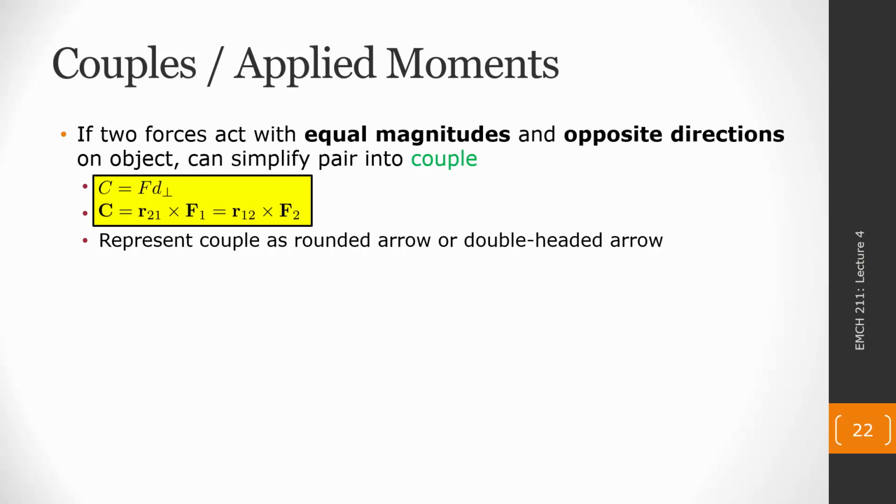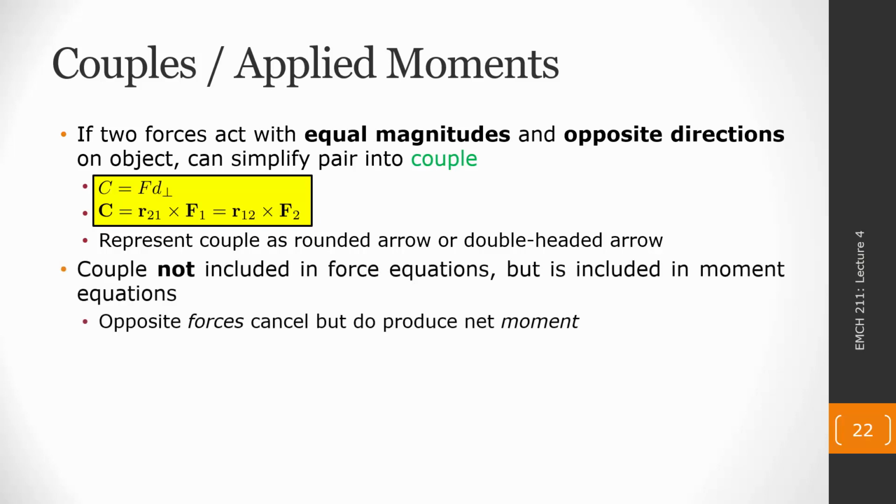So what we're doing when we reduce our system, we are getting rid of the pair of forces and replacing it with the couple, which is really the net effect they're having on our object, that net rotation. So it also is going to simplify the equations that we write. When we reduce the system to just a couple, we now don't have to compensate for these forces when we are summing forces in any direction.